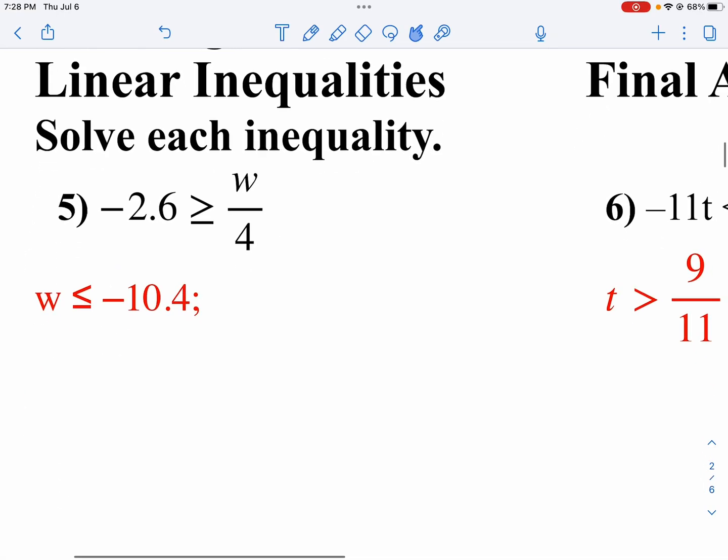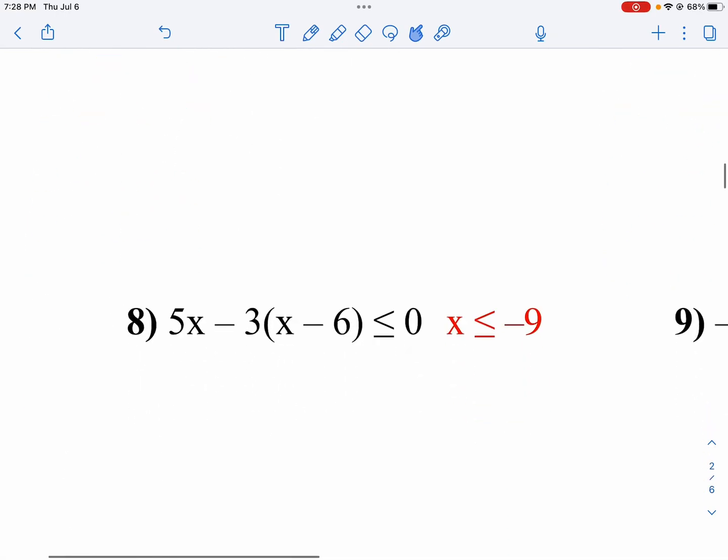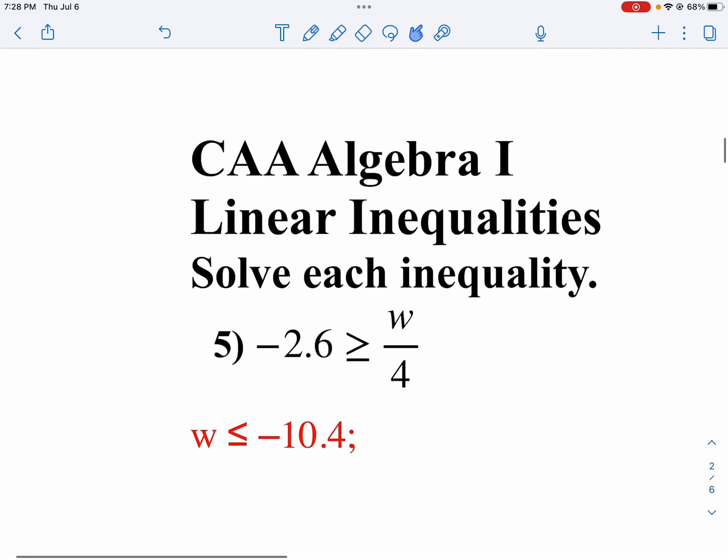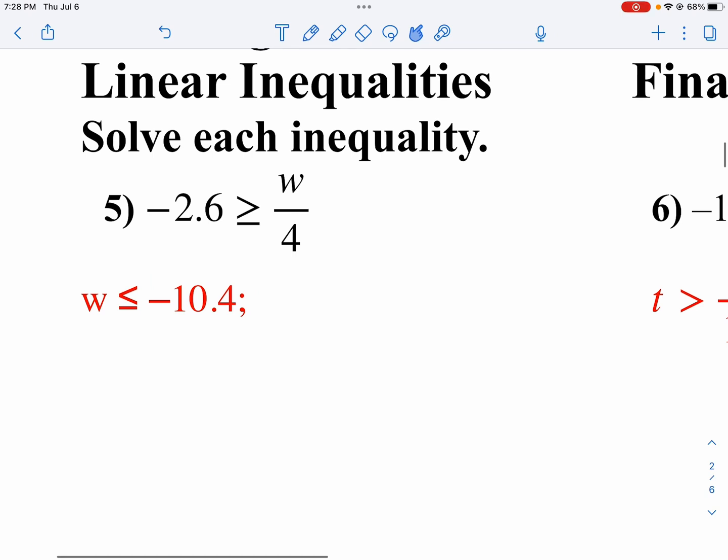On questions 5 through 9, I just want you to solve that inequality here. Okay, so the opposite of dividing, we're going to multiply. 4 times 6 is 24.